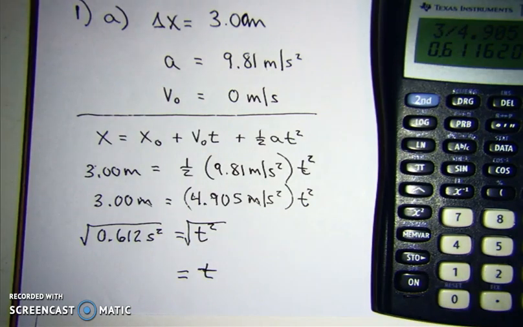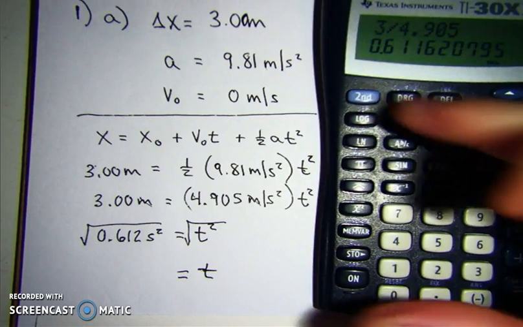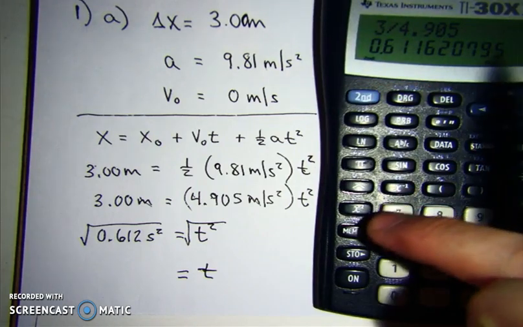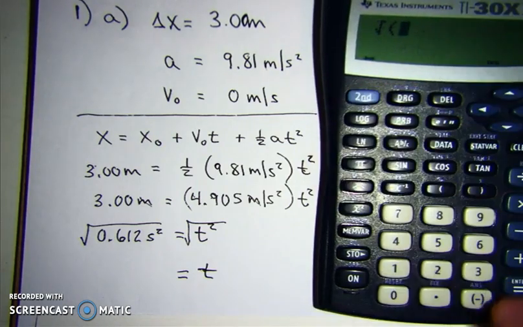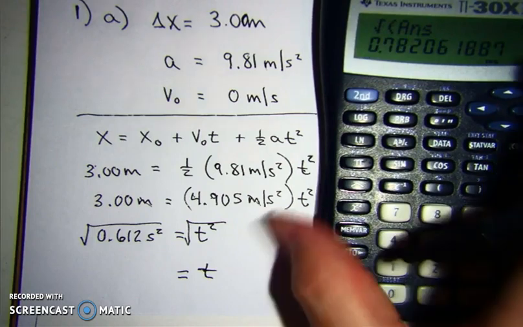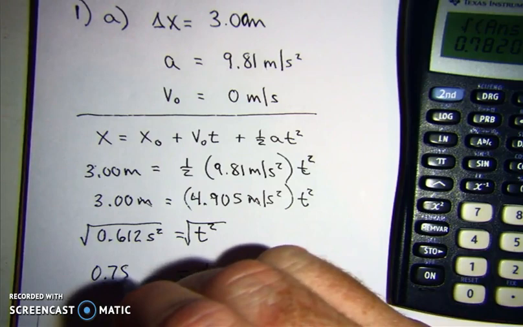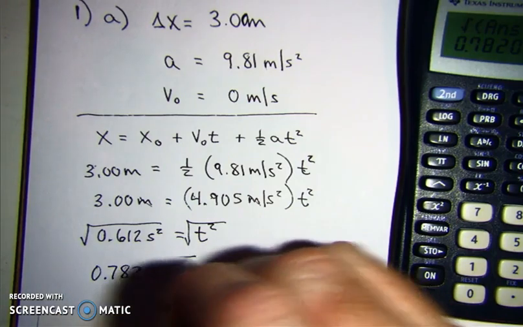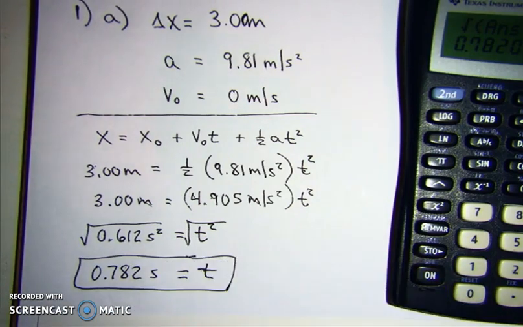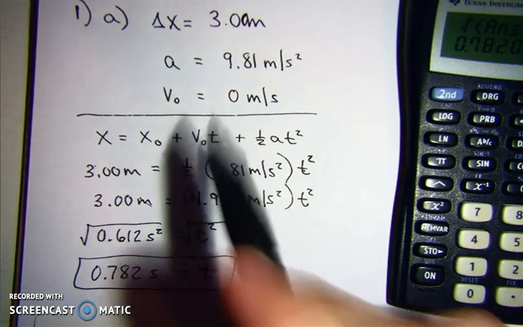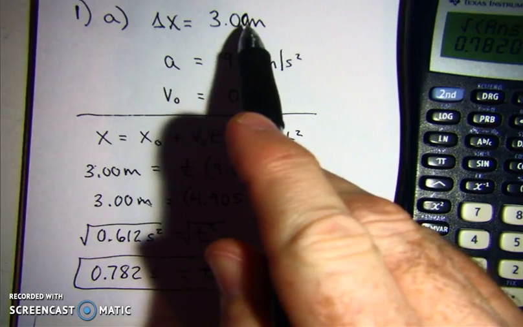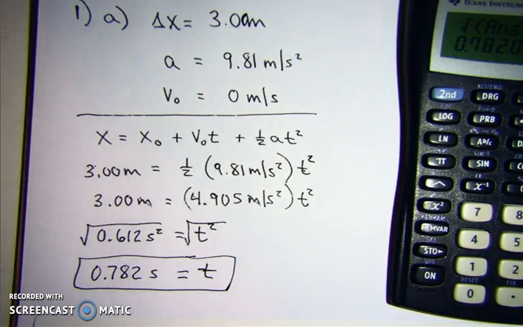And the square root of that answer right there is 0.782 seconds. So 0.782 seconds is how long it takes to reach the water if you step off of a 3-meter diving board, the time it takes you to hit the water.